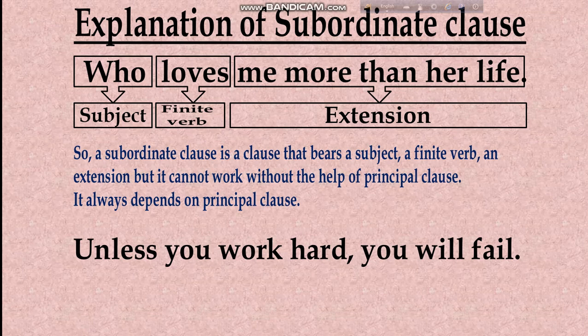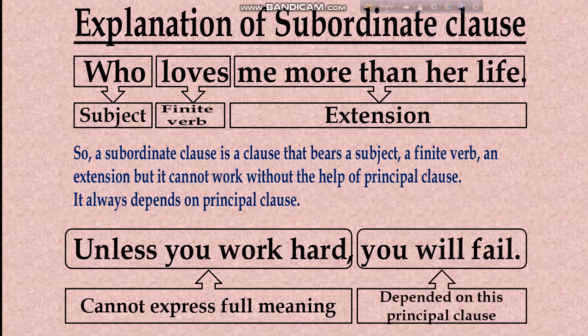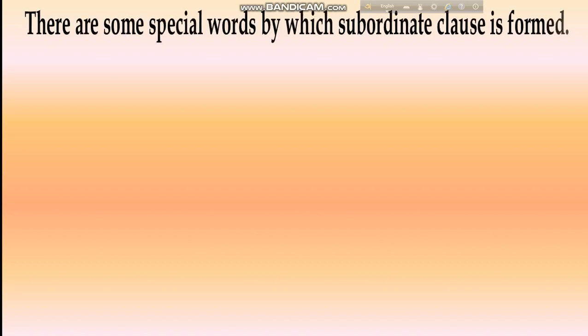Unless you work hard, you will fail. Here, you will fail is a principal clause, and the first part of the sentence cannot express full meaning and is dependent on this principal clause. So the first clause is dependent on the second clause. The second clause is a principal clause and the first clause is a subordinating clause.